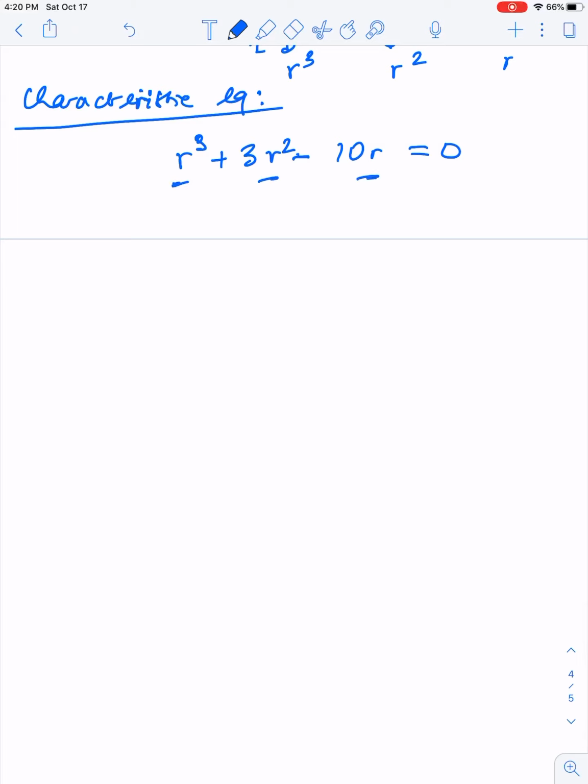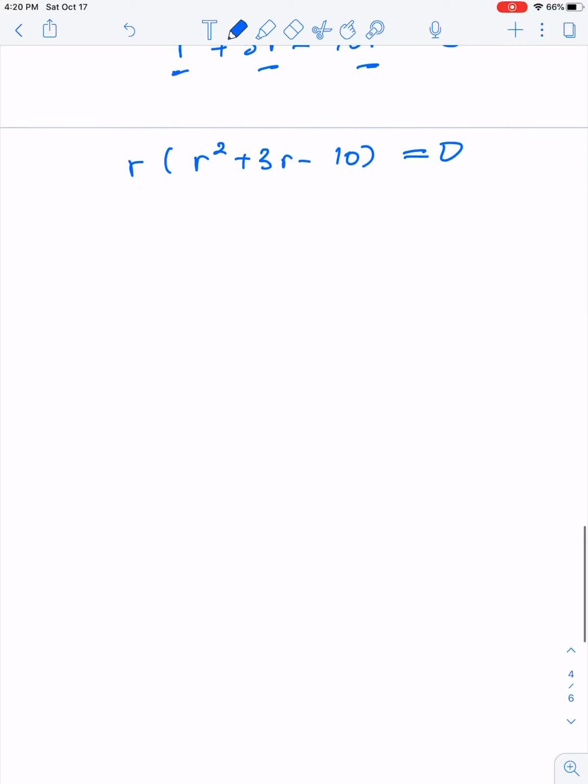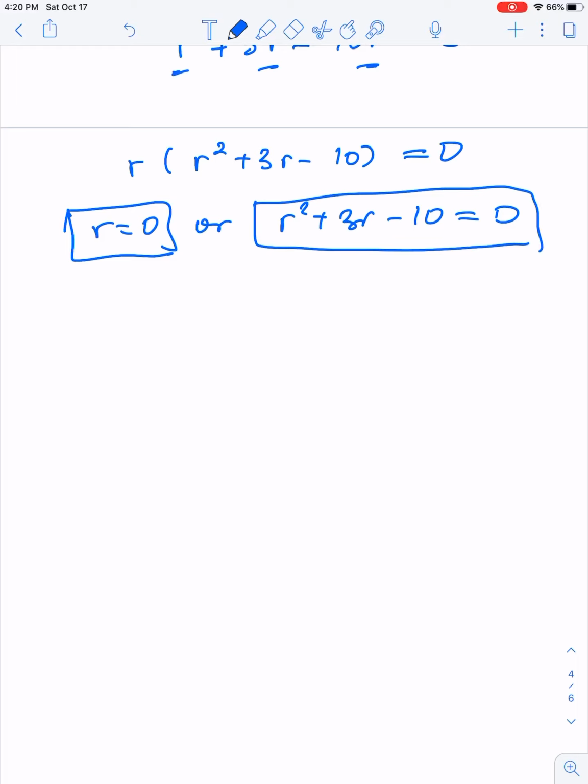You can take r out, and you have r(r^2 plus 3r minus 10) equals 0. Then you have either r equal to 0 or r^2 plus 3r minus 10 equal to 0. This one is good. And now this is a quadratic equation.